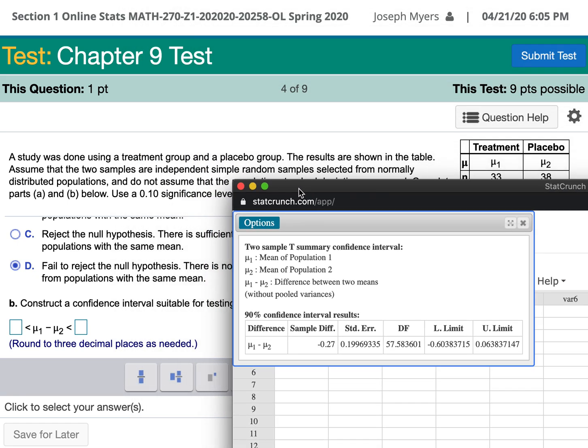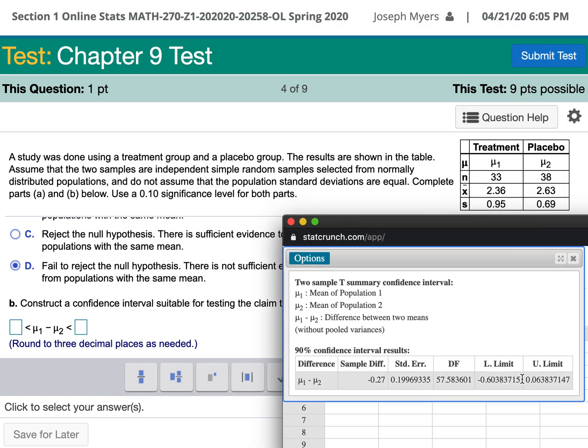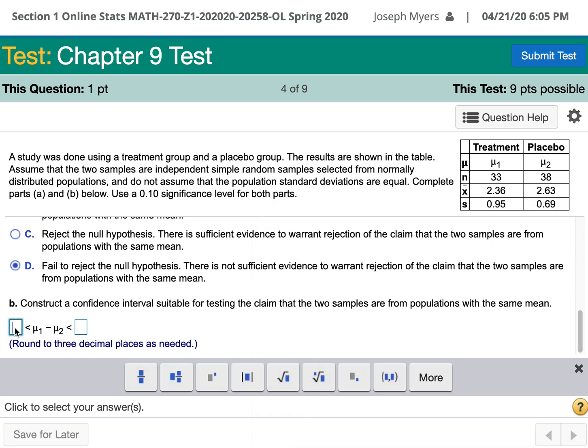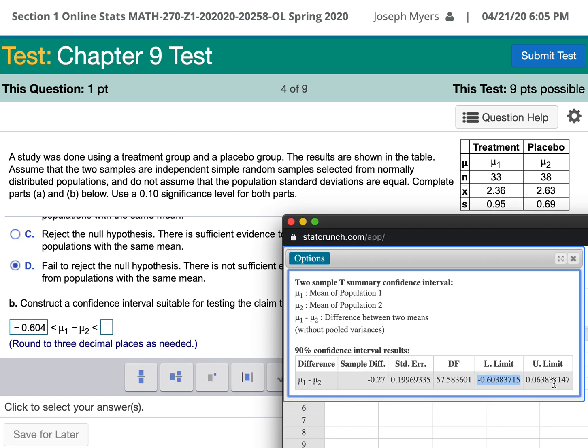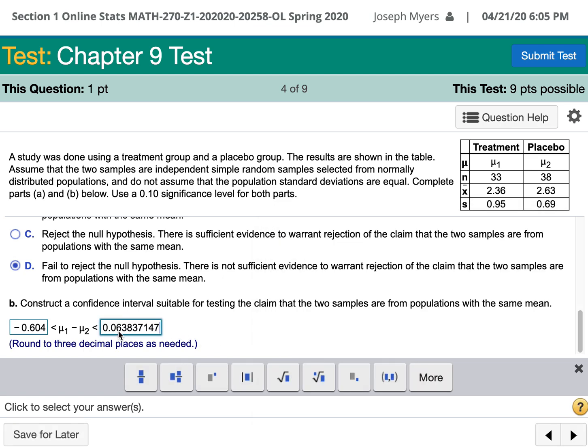and we'll get a lower limit of negative 0.60, which rounds off to 0.604, and an upper limit of 0.064, and then notice that that confidence interval does include 0, which means that you cannot conclude that they are different because the difference might be 0.